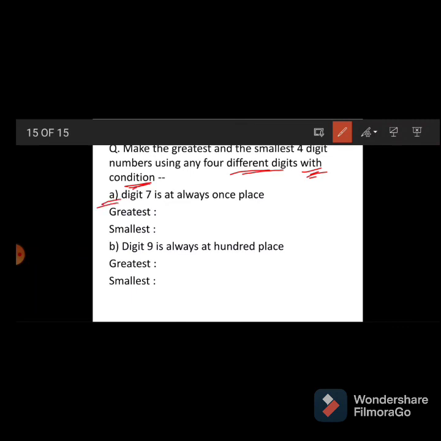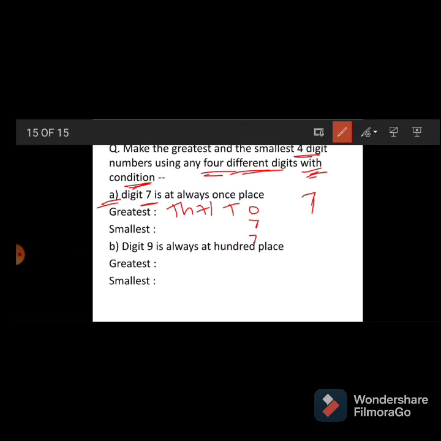See, the first condition given: digit 7 is always at the ones place, means in the 4 different digits we have to use, one fixed digit 7 is there, and the number has to be 4-digit, means ones, tens, 100 and 1000. In these places, at the ones place 7 should be fixed, in both the greatest and smallest number.